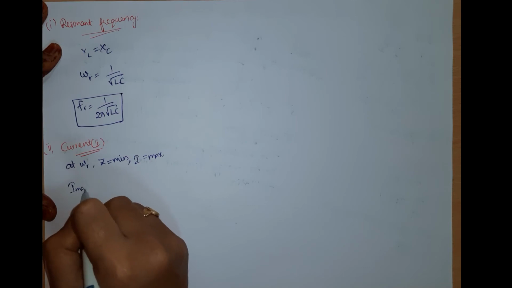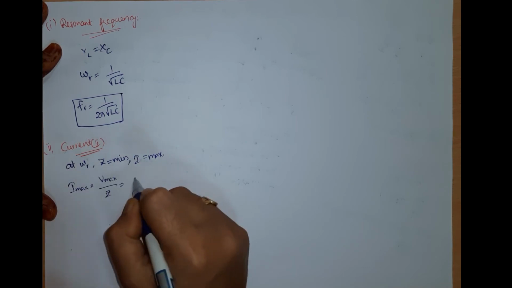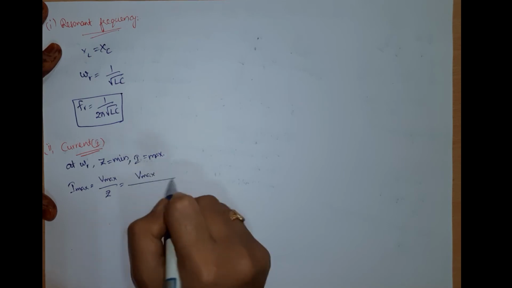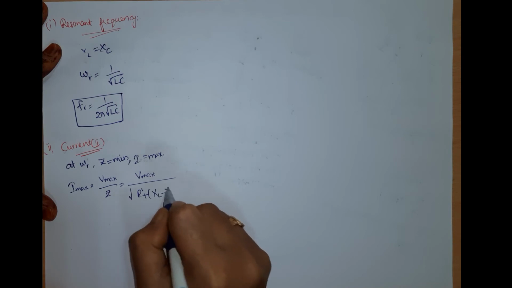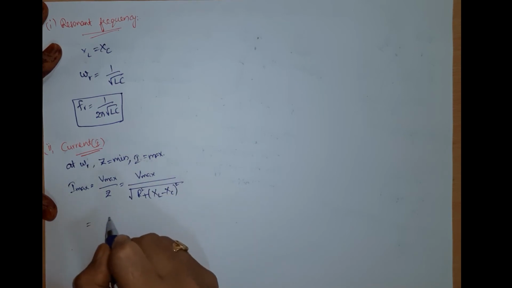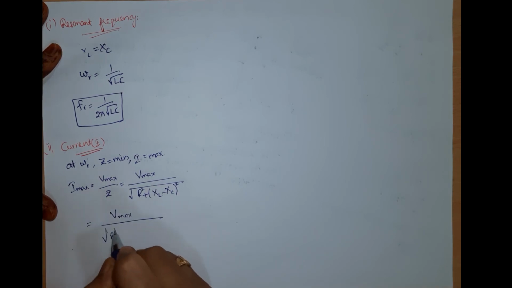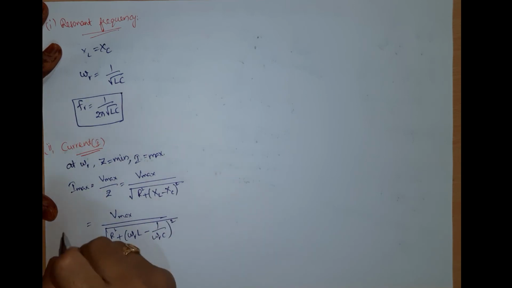So I max we can write as V max by Z, where Z is the square root of R squared plus (XL minus XC) the whole squared. We can write it as V max by the square root of R squared plus (omega R L minus 1 by omega R C) the whole squared, right? So this will be the value of I max.